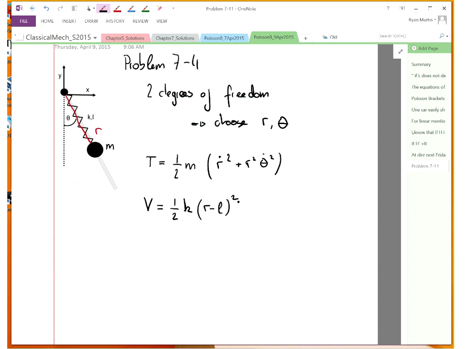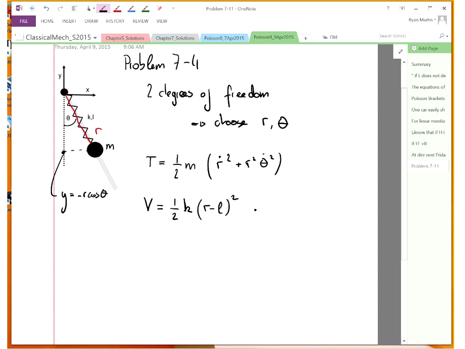We also have gravitational potential energy. So since y is pointing upwards, gravitational potential energy is plus mgy, right? So in this case, y is negative. Where I've drawn the pendulum, the y position of the pendulum here is minus r cos theta.